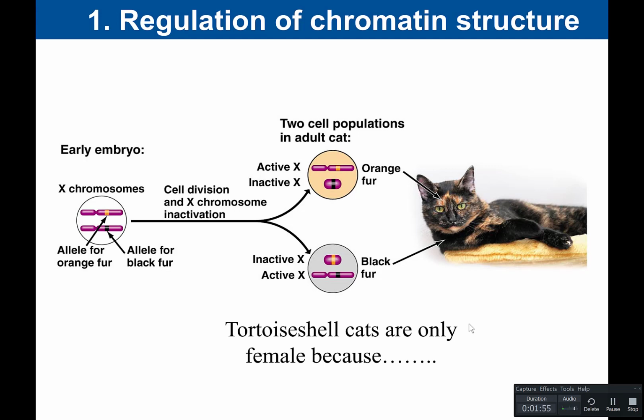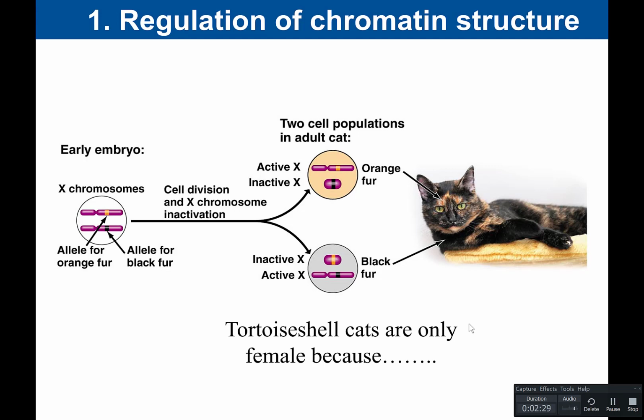So you would expect that if both X chromosomes are being expressed, females would have a double dose of any of those genes because they have two X's, while males are XY. But that doesn't happen, and the reason for that is because of X inactivation. Early in development, a random X chromosome is going to become inactivated.